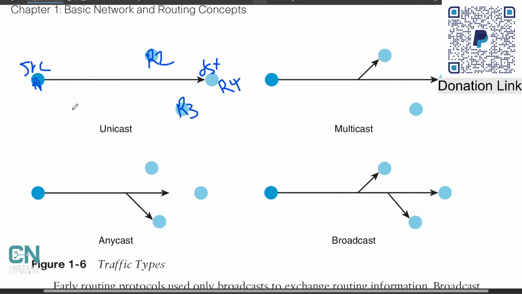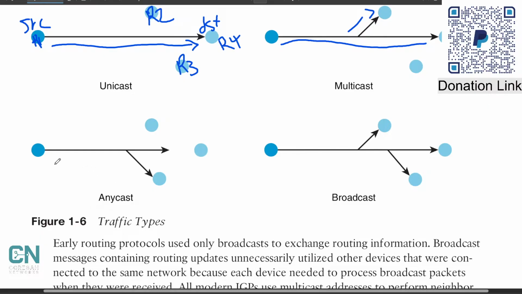In unicast, it directs to the destination. In multicast, maybe we have two paths for sending traffic. In anycast, we send to the nearest destination, and in broadcast we send to all, in IP version 4, just IP version 4.